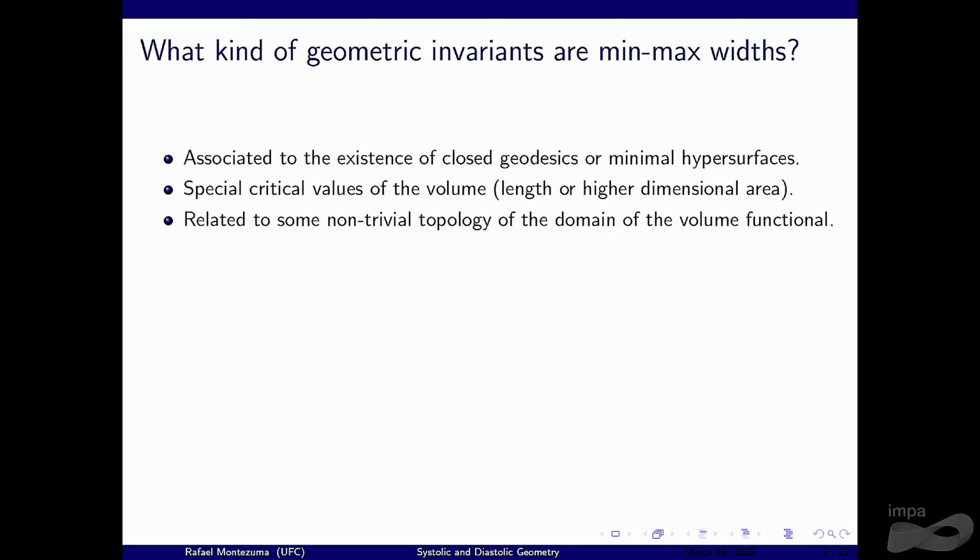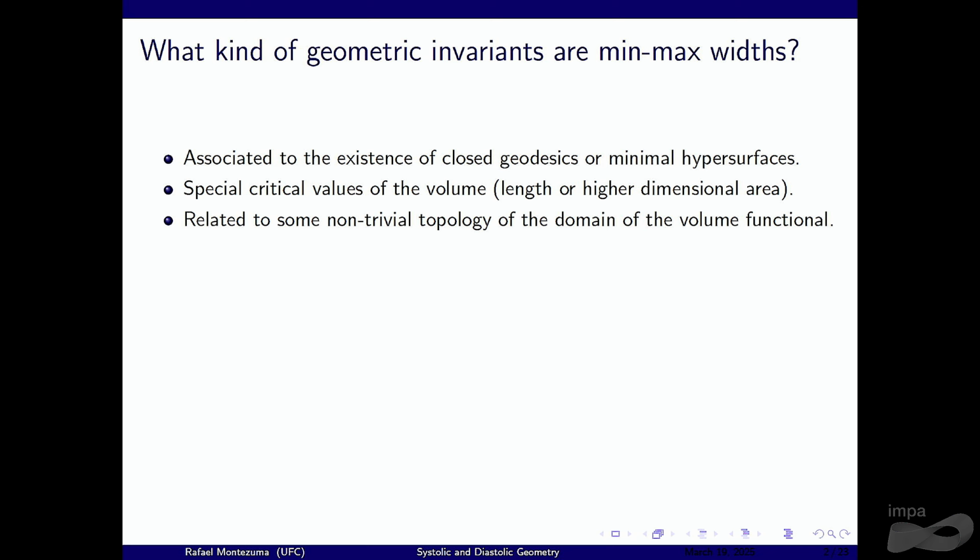So let me start just reminding what kind of invariants these are. Instead of starting by defining in some specific situation, let me just tell you that usually these kinds of min-max invariants that I'm going to consider are associated to existence results of closed geodesics or minimal hypersurfaces.